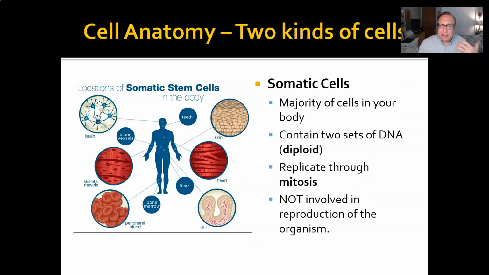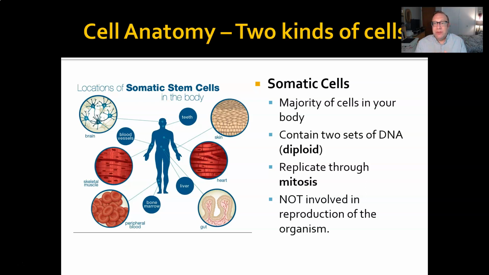Now, as a multicellular organism, your cells specialize, okay? And we are going to be concerned with two main types of cells today. There are somatic cells, which are the cells that make up the bulk of your body. And somatic cells contain two sets of DNA, one from your mother, one from your father, okay?